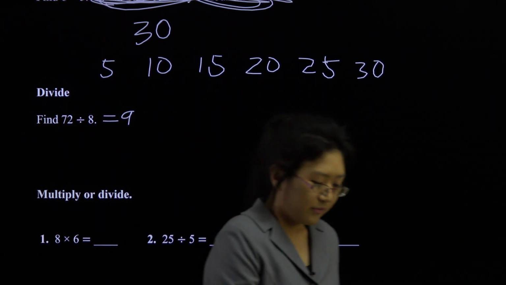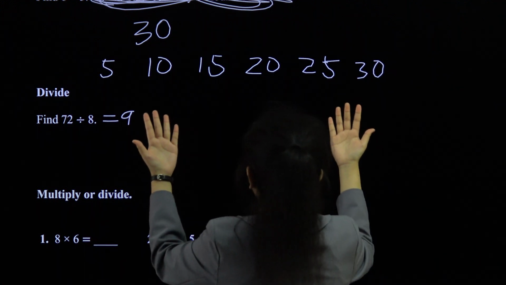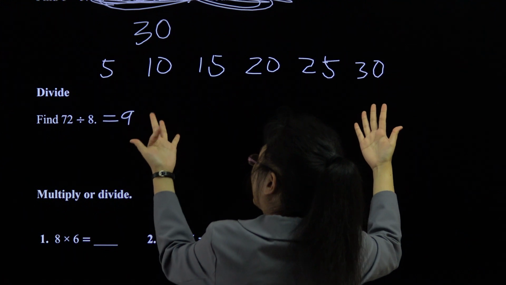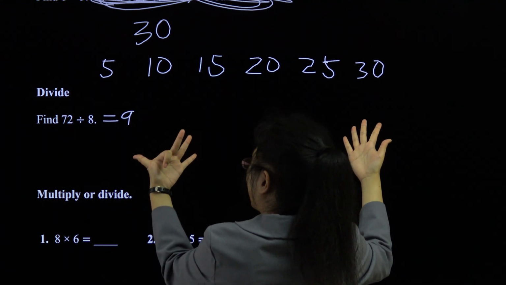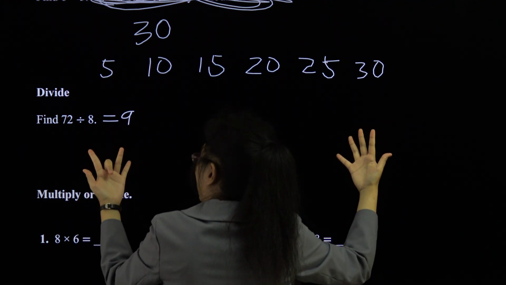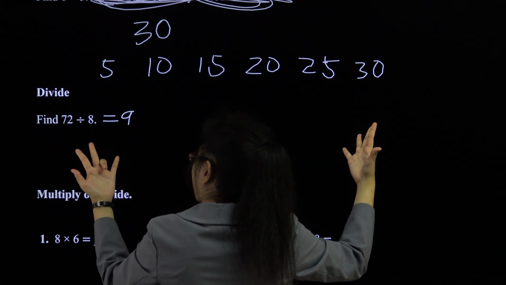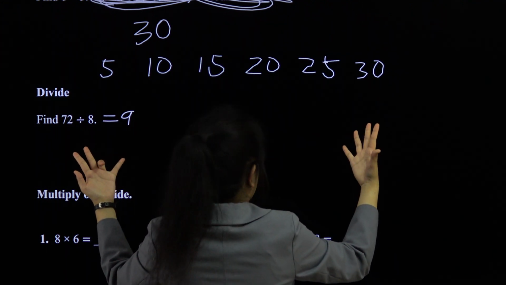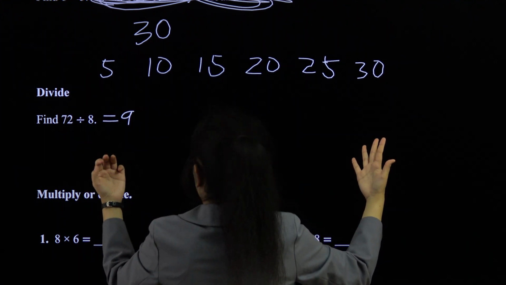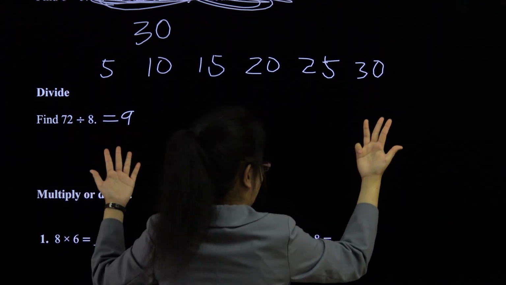Fun trick. Put up your fingers and 9 times 1 equals 9. 9 times 2, put down your second finger, equals 18. 9 times 3 equals 27. 9 times 4 equals 36. 9 times 5 equals 45. 9 times 6, guys, this is hard.